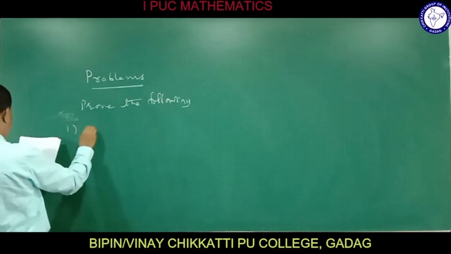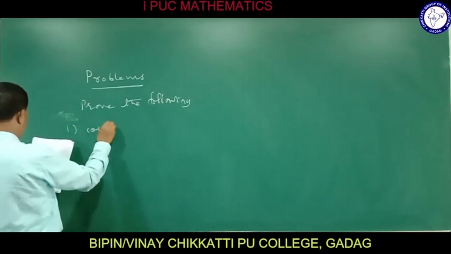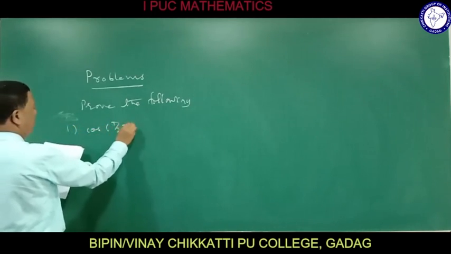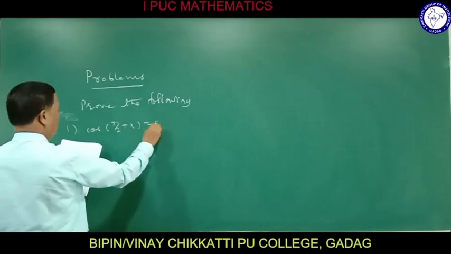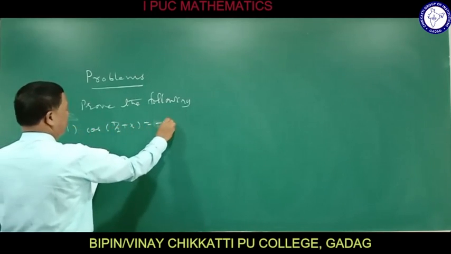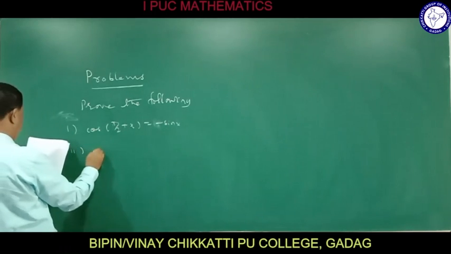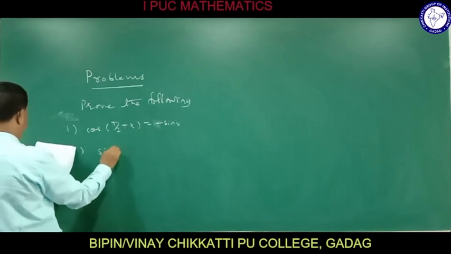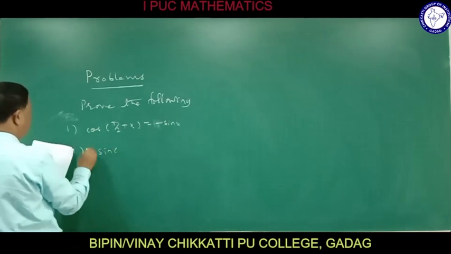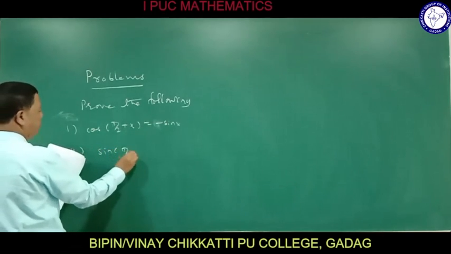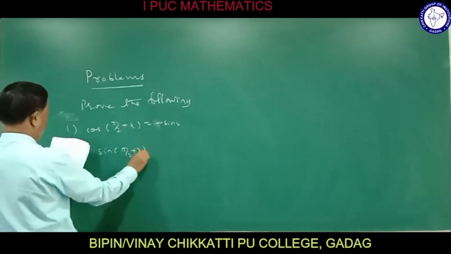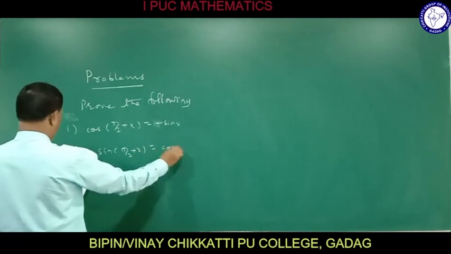Number 1, cos of pi by 2 plus x is equal to minus sin x. Second, sin of pi by 2 plus x is equal to cos x.